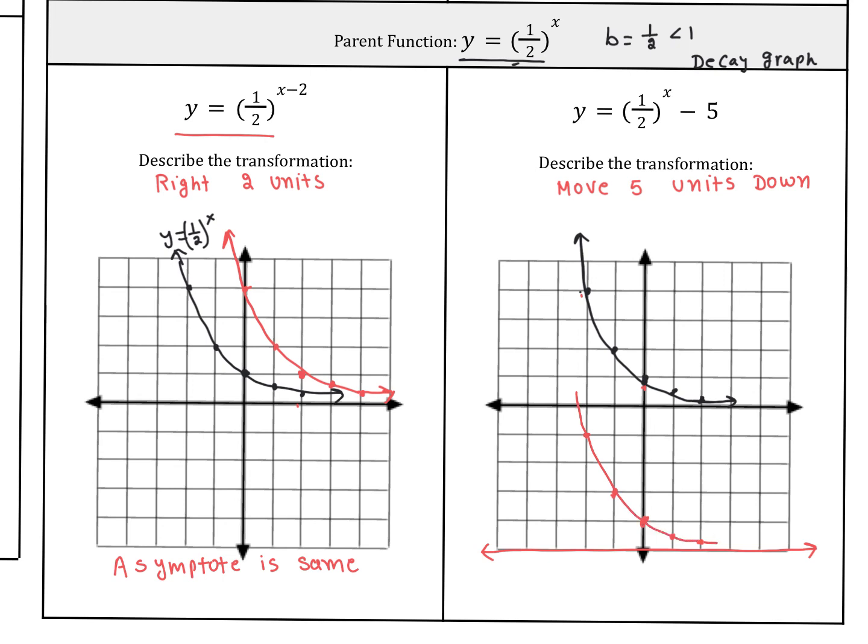You're going to get a new, translated graph that is 5 units down, and the asymptote line is moved 5 units down. All the points are moved 5 units down, and you got the new graph, a translated graph that is moved 5 units down.